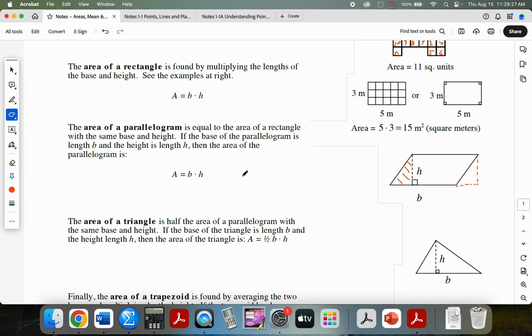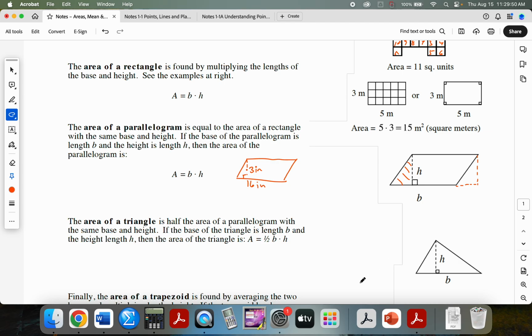So let's do one of these. If we get a parallelogram that looks like this.